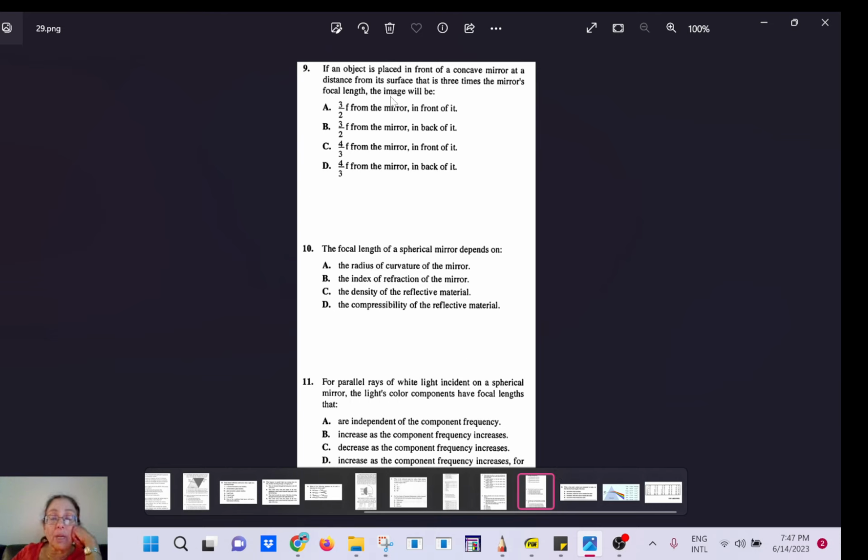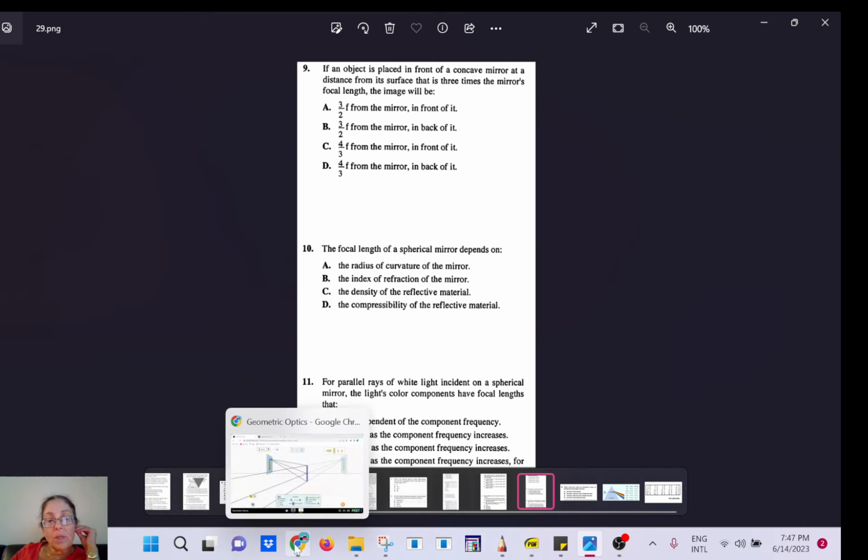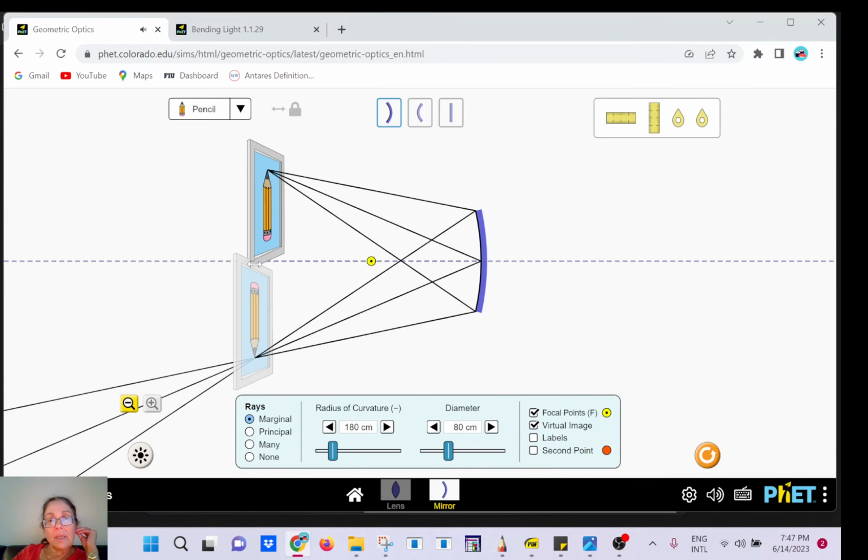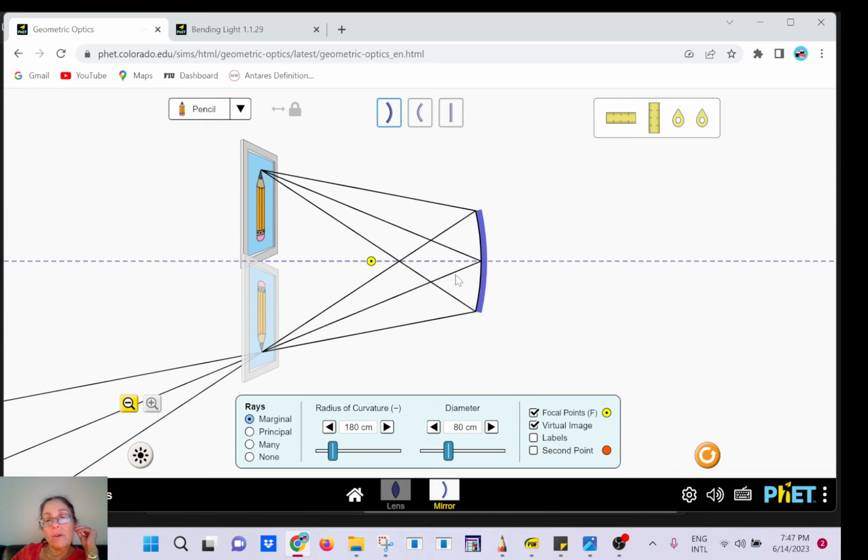So I have a concave mirror now. And you are given a distance from its surface that is 3 times the mirror focal length. So now you have a concave mirror, which is a converging mirror. Okay, so this is the focal distance.